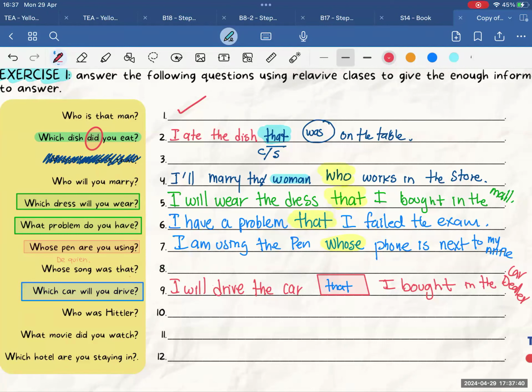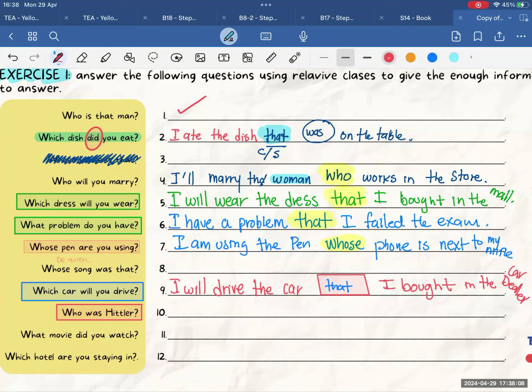All right, who wants to do 10? Look at number 10. Who was Hitler? Who was Hitler? Can be a man, can be a killer, it can be a German.